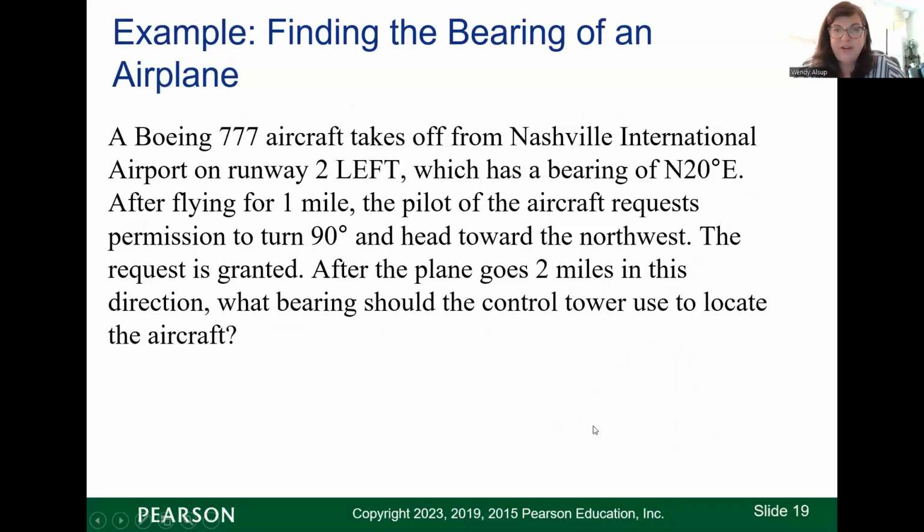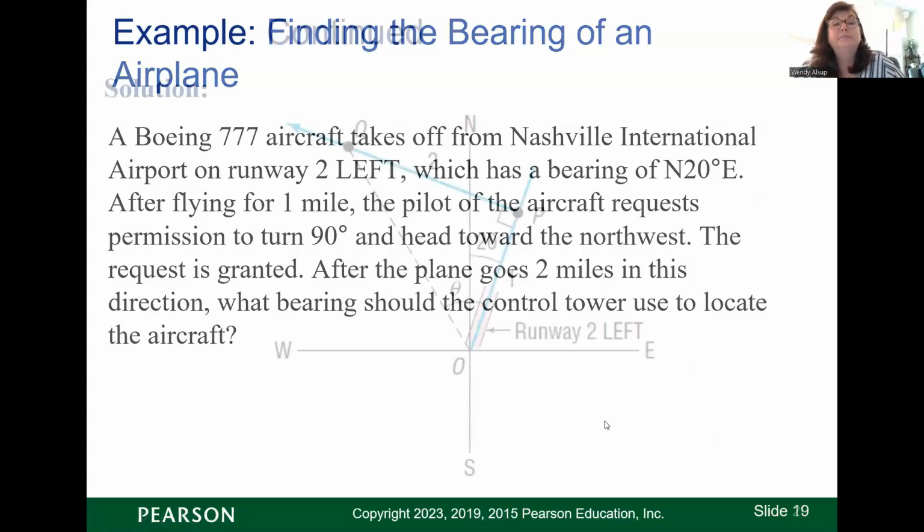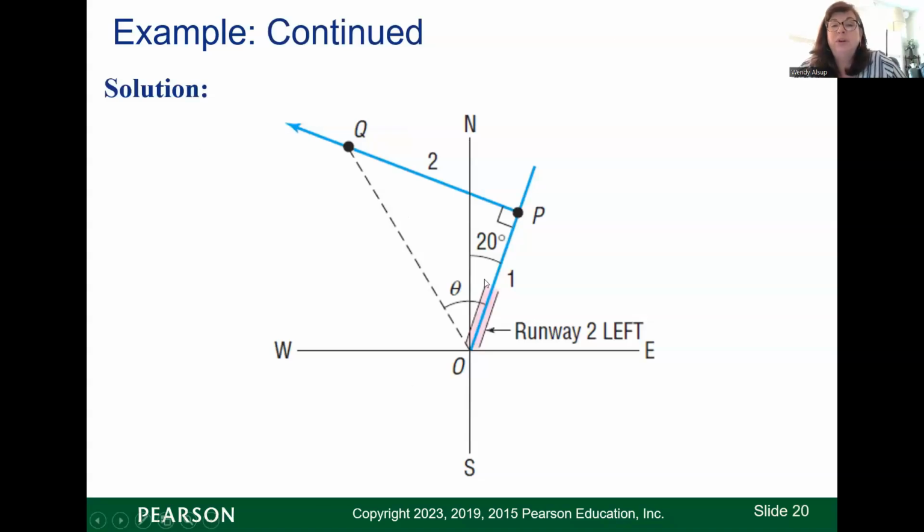So much application in real life of this. They took off going north 20 degrees east, went 1 mile, turned 90 degrees, went 2 miles. Now they're at some other point, and we are supposed to figure out their new bearing.